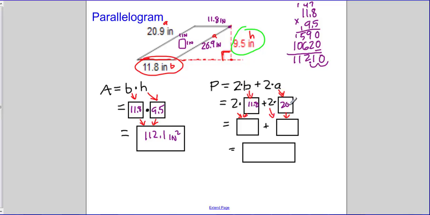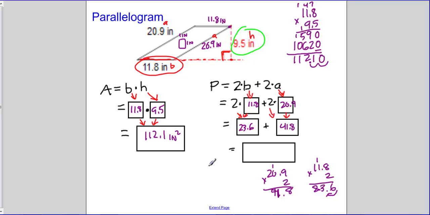We call that A. So 2 times 11.8, with the decimal point one place to the left, so that's 23.6 inches, and then I have 20.9 times 2. So that's 41.8.